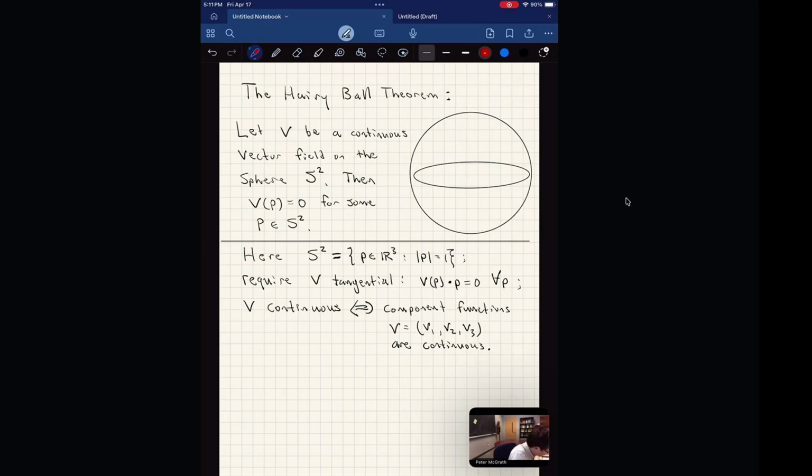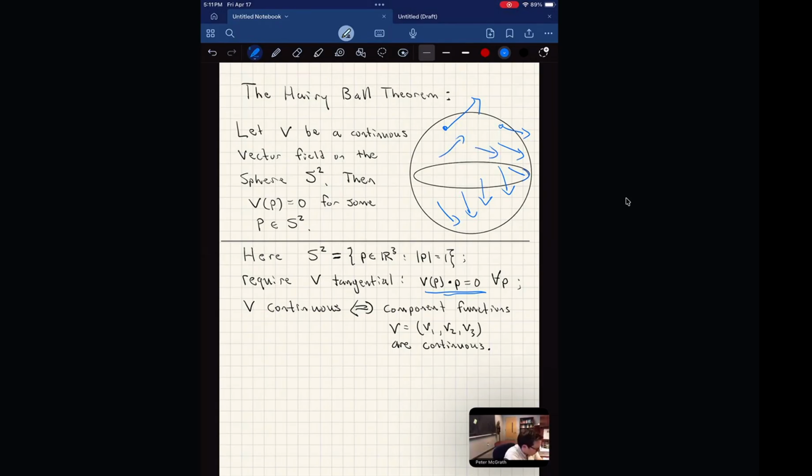Vector field on the sphere V, what does it mean? It means to each point on the sphere, I'm assigning a vector in R3, and that vector should be tangent to the sphere. So I just mean this condition here. And so we do this at each point, and I'll draw a cartoonish picture of a couple of points and their associated tangent vectors.